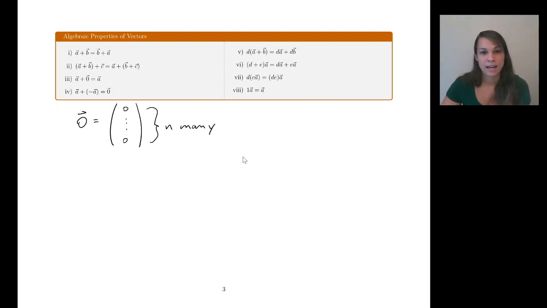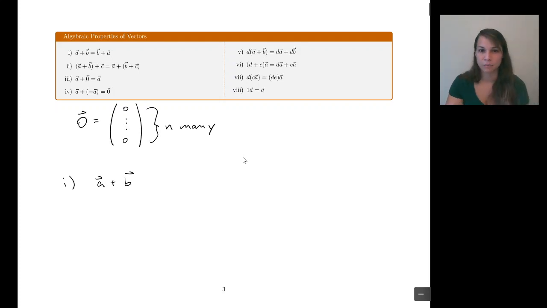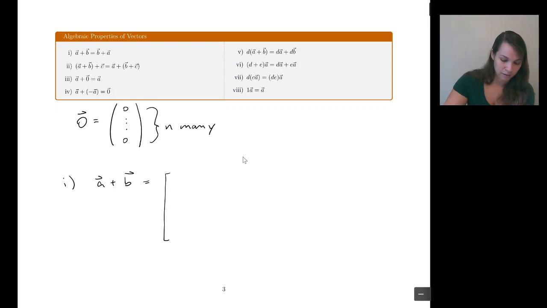You can verify any of these component-wise, by which I mean if I wanted to verify the very first one, a plus b is equal to b plus a, I know what that looks like because we just did vector addition on the previous page.